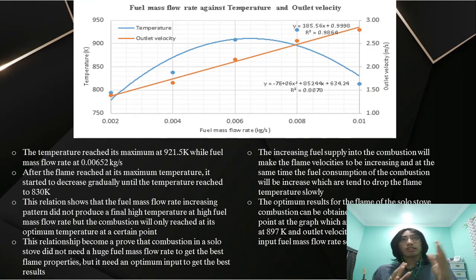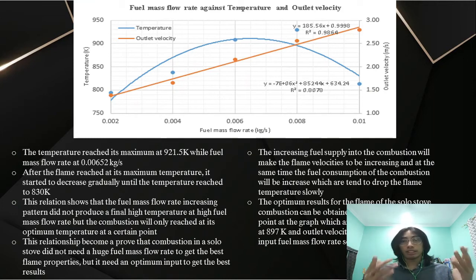As you can see, I obtained one quadratic function, which is the temperature graph, and a linear graph, which shows the outlet velocity. The temperature is maximum at 921.5 Kelvin, at a fuel mass flow rate of 0.00652 kg per second. After the flame reached its maximum temperature, it started to decrease gradually until it reached 830 Kelvin.